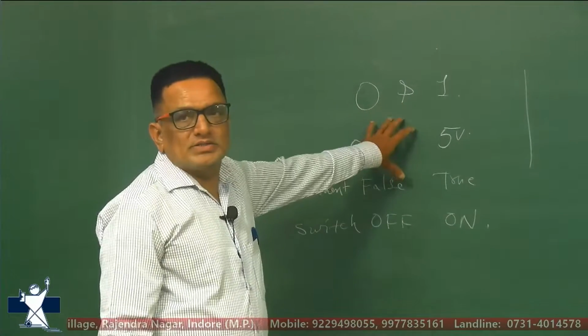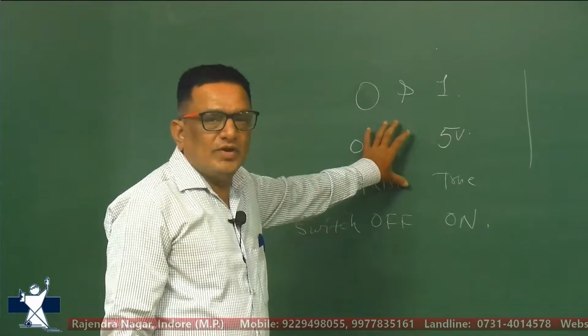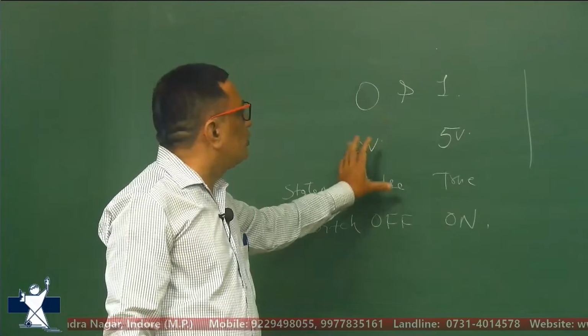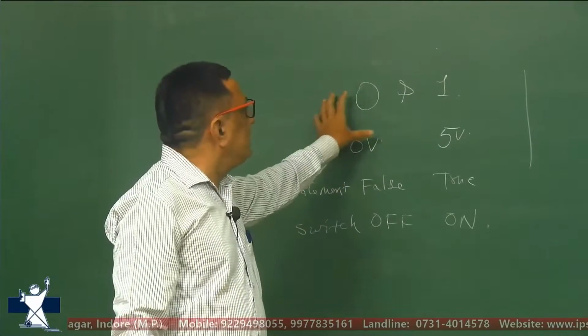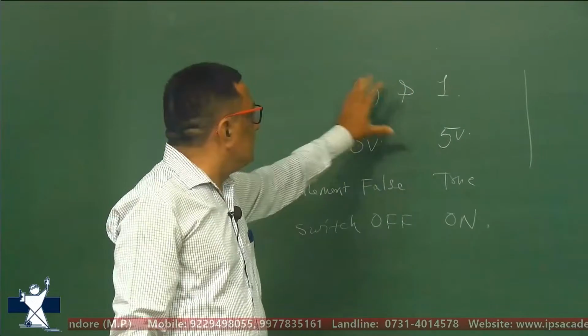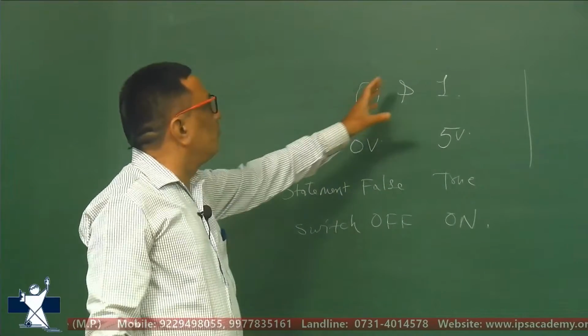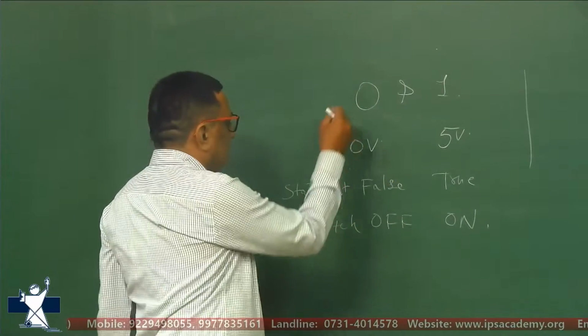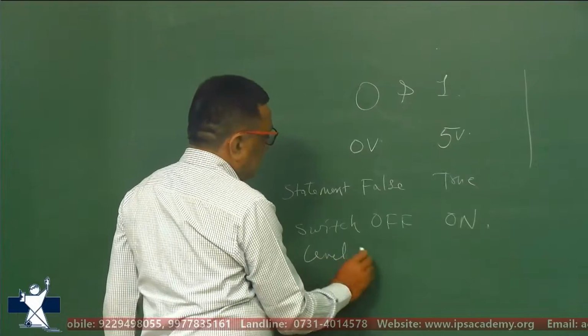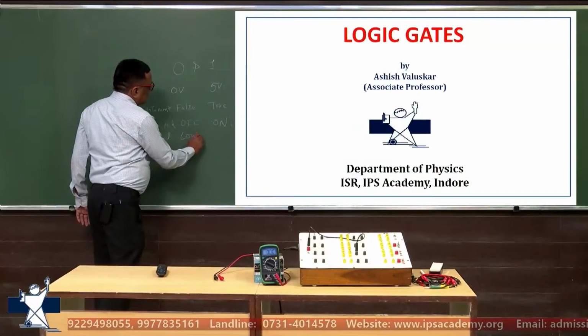It means any device of digital electronics is based on these two levels, low and high. 0 means low level and 1 means high level. If we talk about a logic level, it is low and it is high.